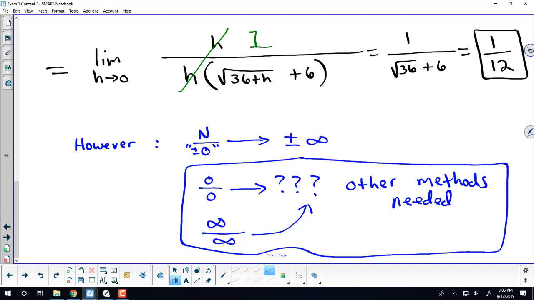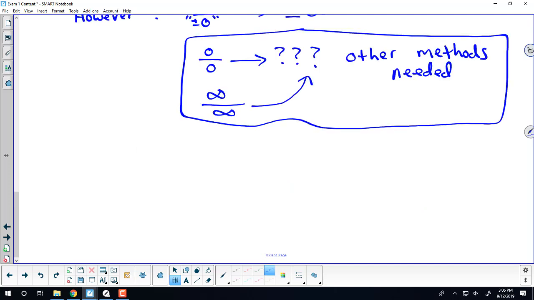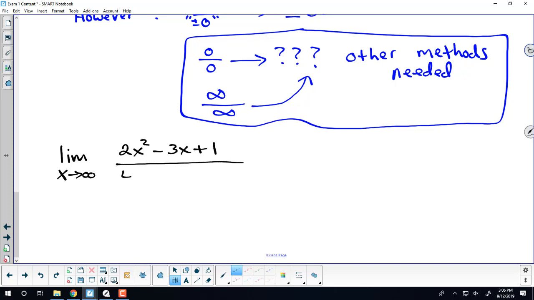Typically, we did see instances where if we plugged infinity in directly and looked at it sort of symbolically, situations on a rational function as x approaches infinity, like 2x squared minus 3x plus 1 over 4x squared plus 6. If we don't look at that in the correct way, we would say, if I directly substitute, then I get infinity over infinity, right?